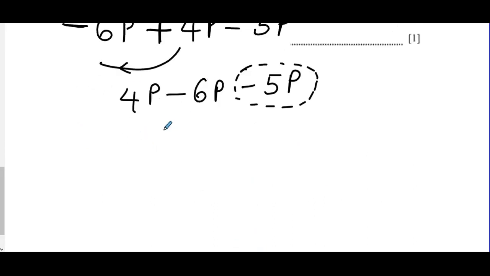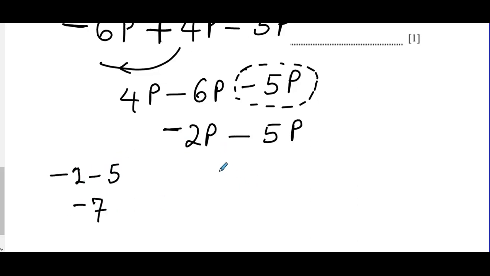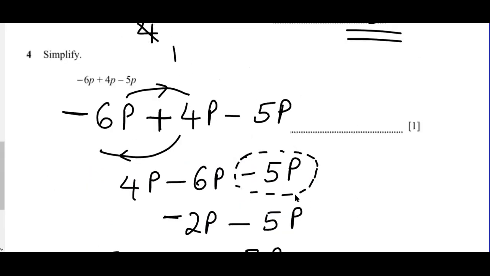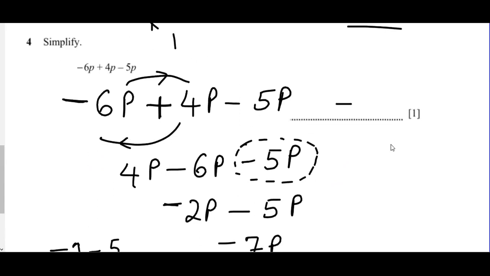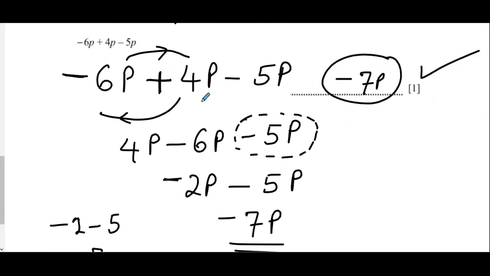This will be negative 2p, followed by negative 5p. Negative 2 minus 5 makes negative 7. So the answer will be negative 7p, and when you do that, you get your 1 mark.